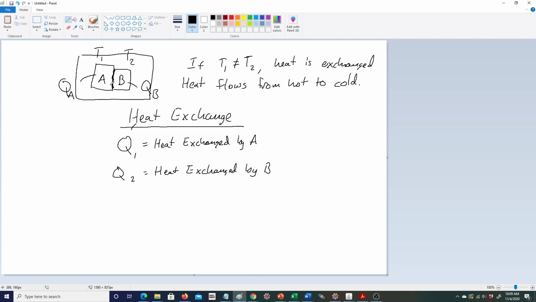So it's a perfect insulator, and under that condition where A and B are only in thermal contact with each other and nothing else, then the heats exchanged by A and B must add up to 0.